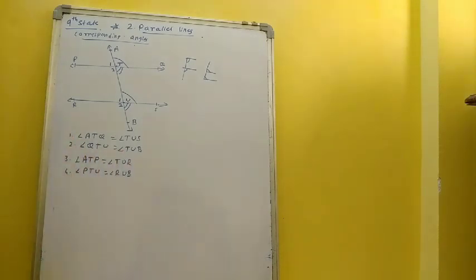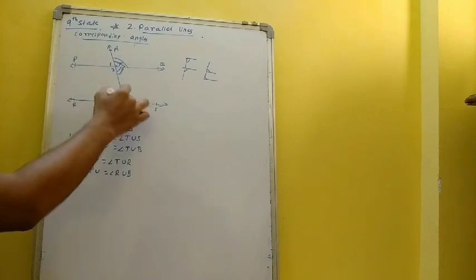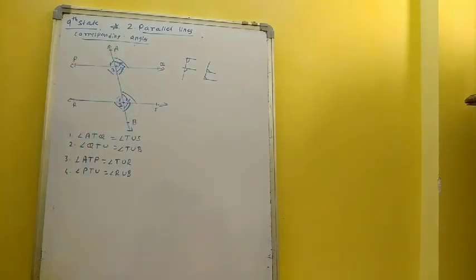So we have these four pairs of angles, above and below, that are equal, called corresponding angles.